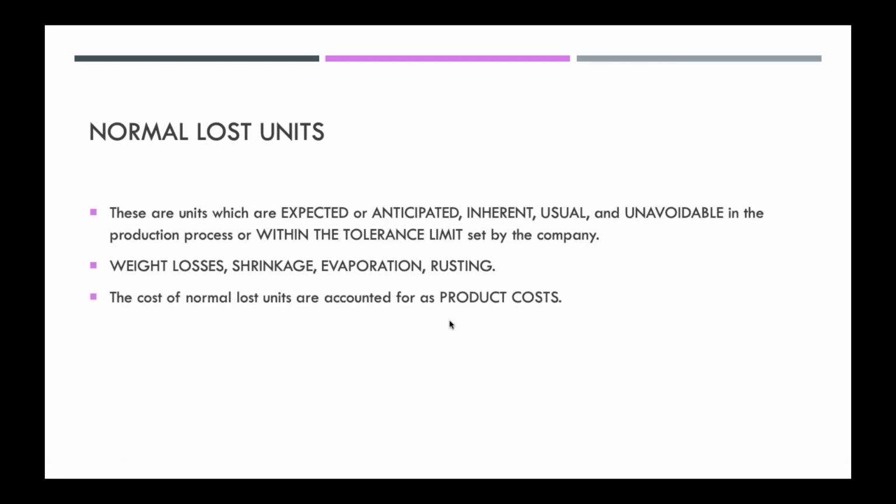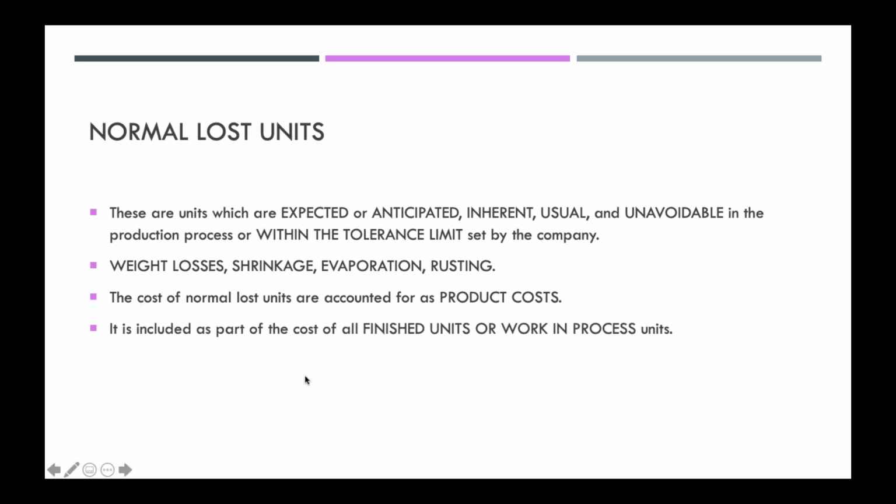Now, the cost of normal units are accounted for as a product cost. Ulit, kapag ka normal lost units, it should be treated as a product cost. So, meron siyang allotted cost of raw materials, labor, and overhead. It is included as part of the cost of all finished units or work in process units. So yung cost allotted for the normal loss will be allocated doon sa finished units or those still work in process.